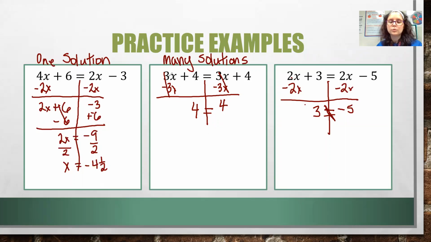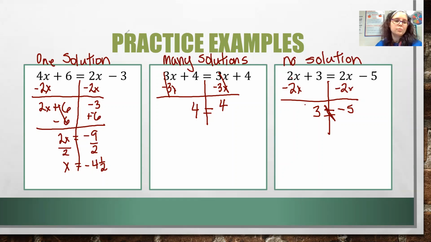So if I used 1 for x, 1 times 3 is 3, 3 plus 4 is 7. Same thing on the other side, 1 times 3 is 3, 3 plus 4 is 7, and 7 does equal 7. If at any point you're working and you end up with a not equals or a false statement, this was a no solution problem.